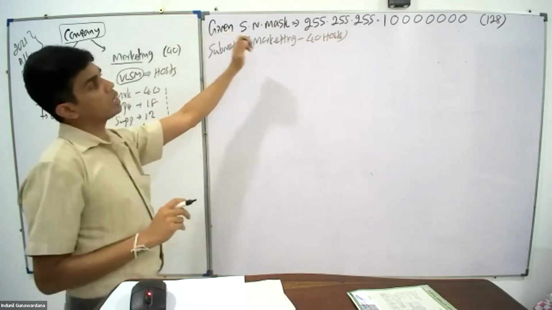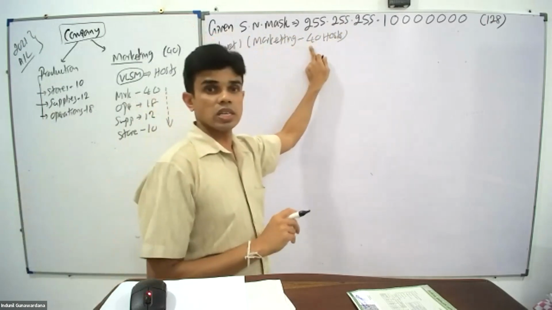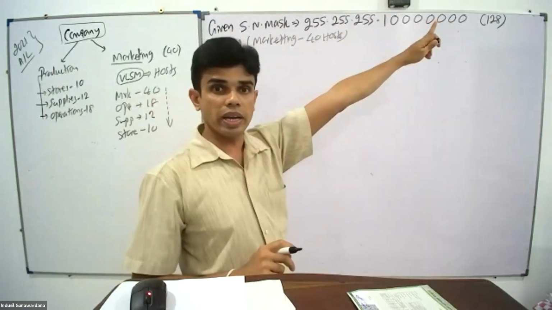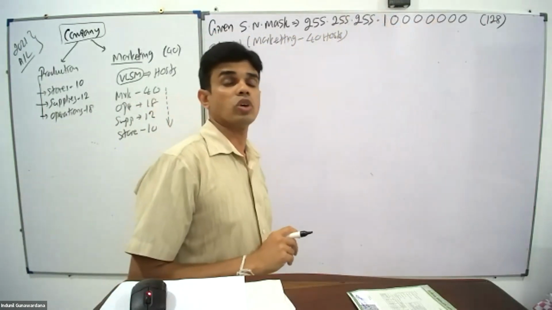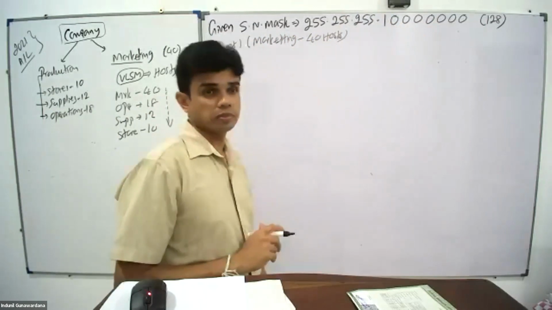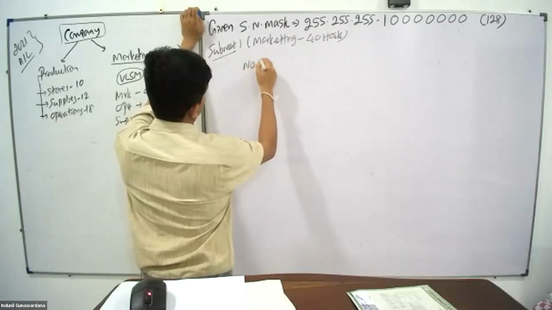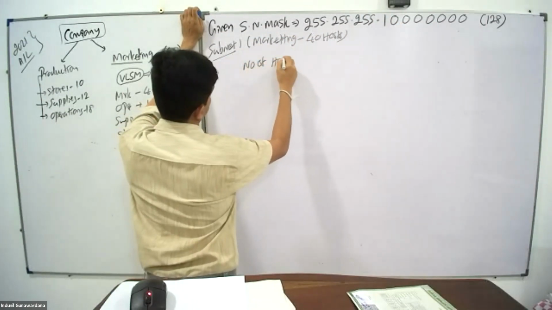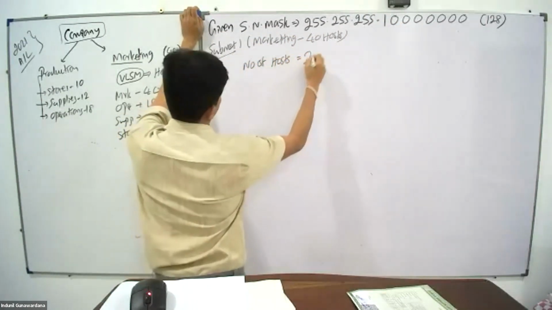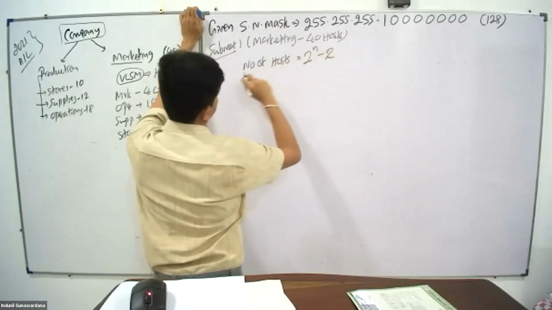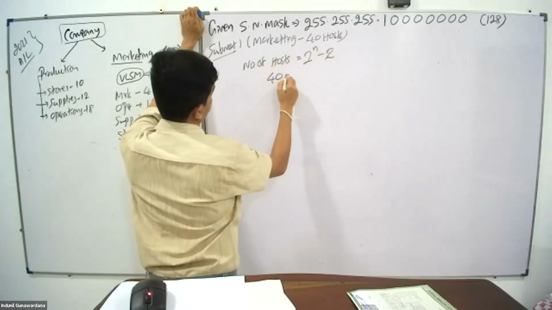To accommodate 40 hosts, I want to find how many host bits are needed. I use the equation number of hosts equals 2 to the power n minus 2. The number of hosts required is 40.